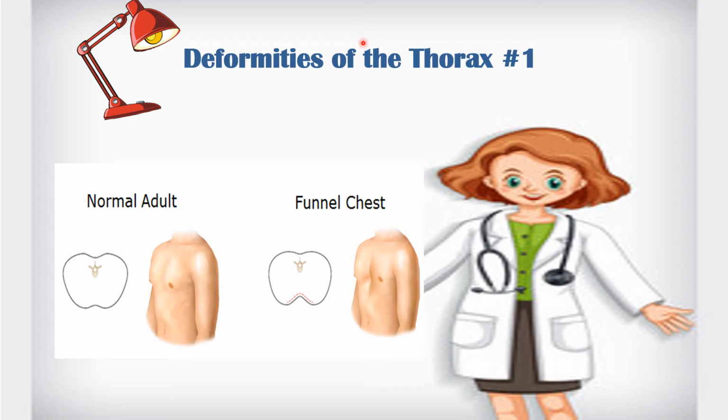For the funnel chest or pectus excavatum, you can note the depression in the lower portion of the sternum. Compression of the heart and great vessels may cause murmurs upon auscultation.